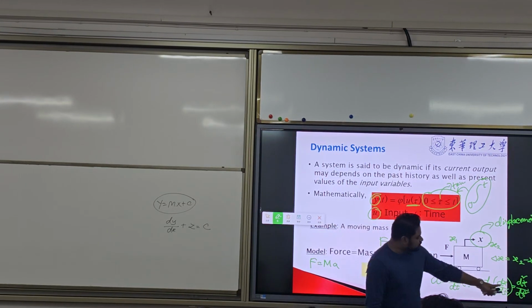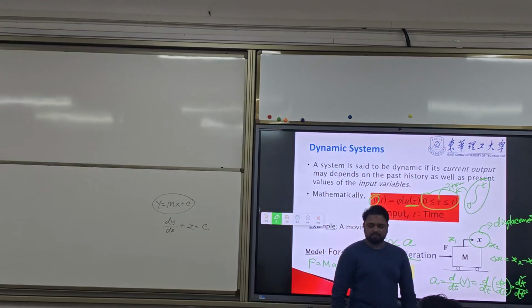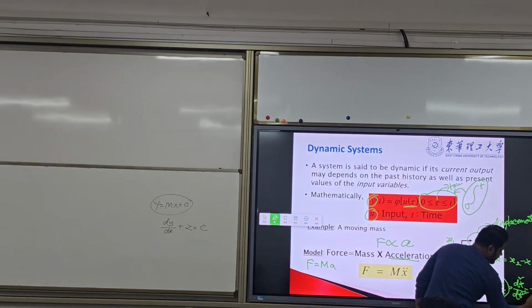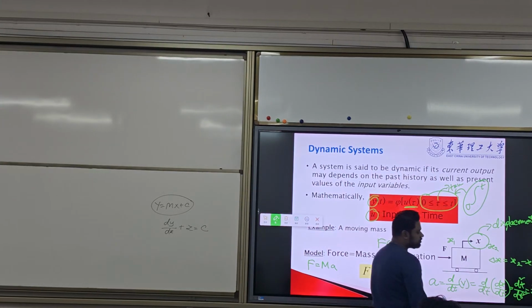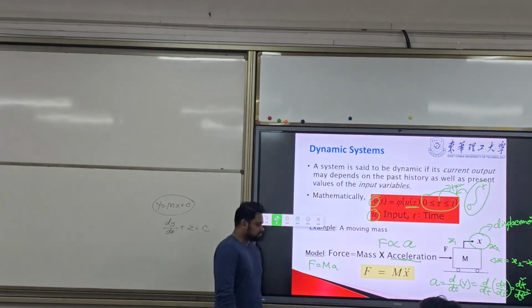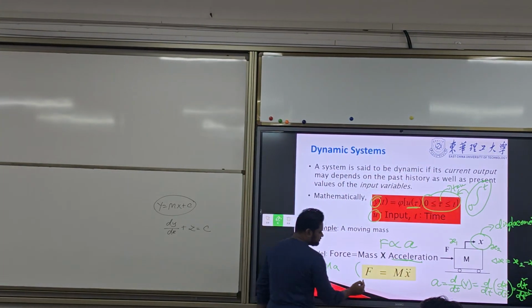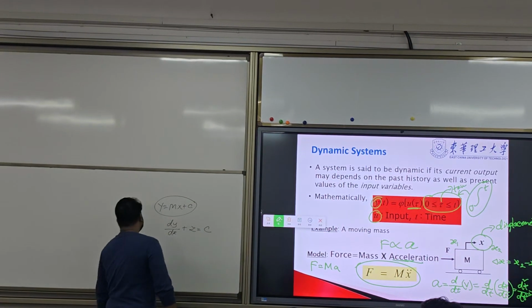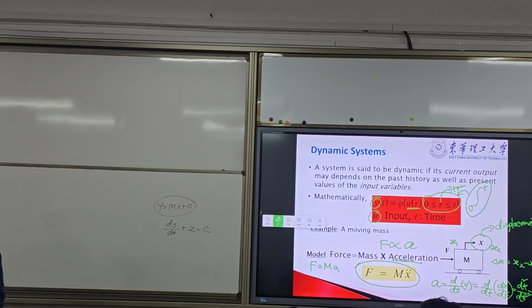Now this d squared x over dt squared, shortly we write it in this way, x double dot. That's why you have seen this x double dot here. So I will write it here.